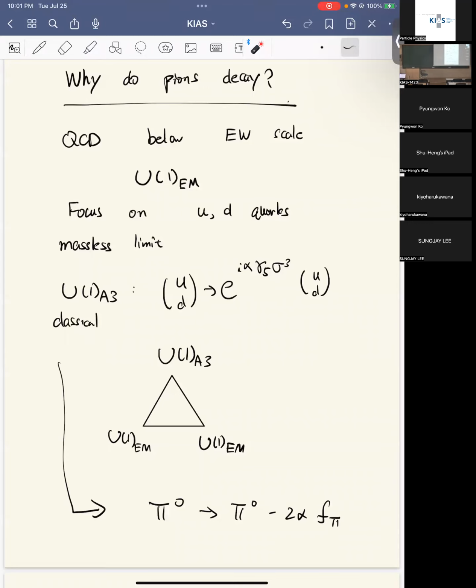We thought a little bit about how to generalize the story, to mimic Witten's current algebra construction, but we didn't make much progress. The symmetry structure will be much more complicated because of the other flavor symmetries.